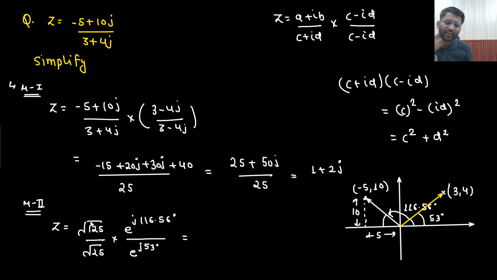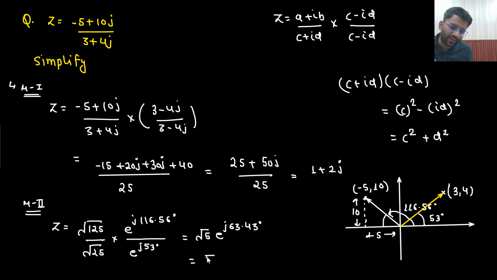So what answer are you getting here? 125 divided by 25 under root 5, under root 5, e to the power 116.56 minus 53. 116.56 minus 53, you are getting 63.43 degree.